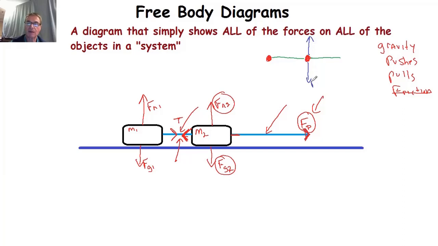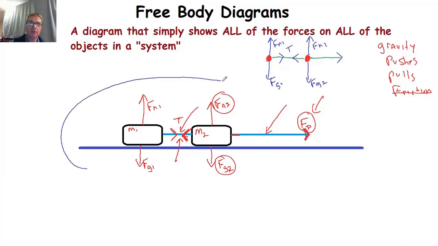So it might be FG2 like this, FN1, FG1, whoops, FN1, and we would have forces like this, and this is the same as this diagram down below.